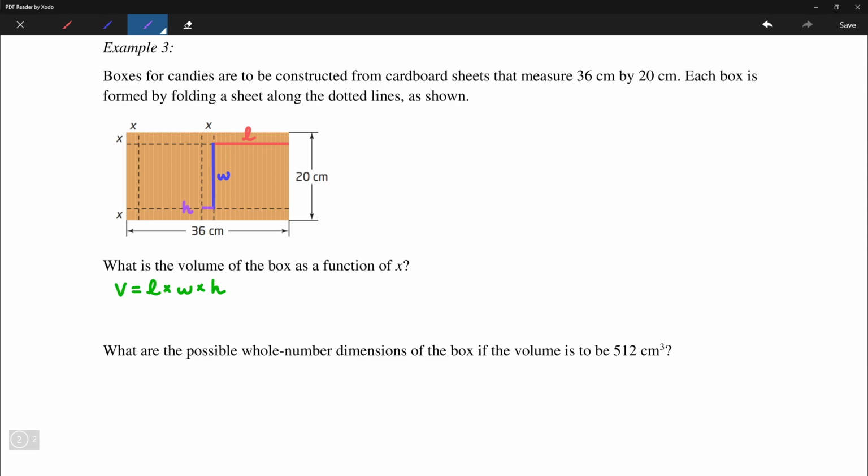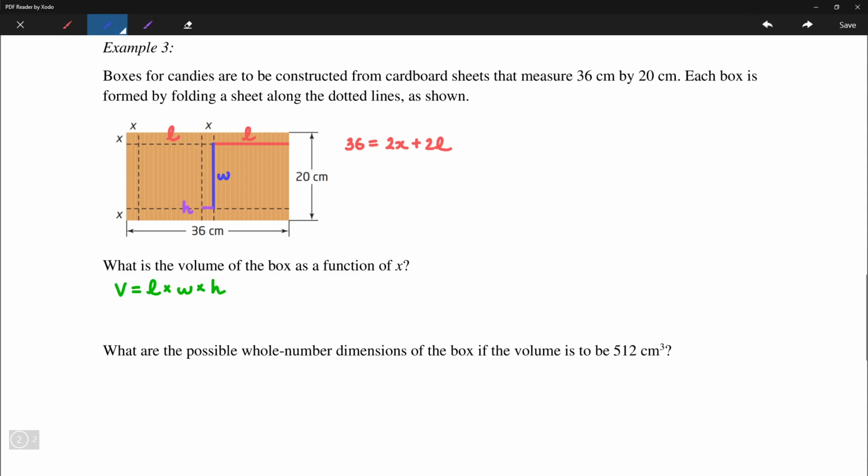So what we'll notice right away is that 36 is equal to 2x plus 2l, right? Because this is also the length. So altogether, we have x plus l plus x plus l for 36 total.